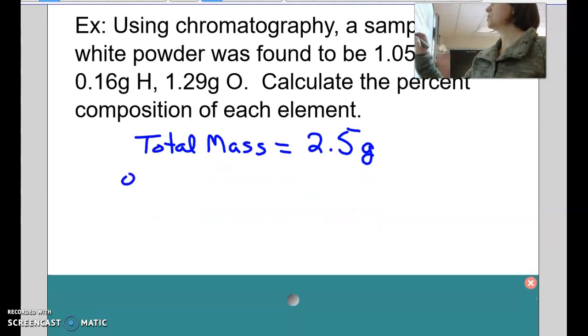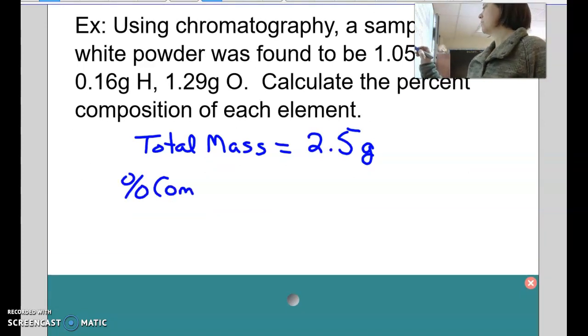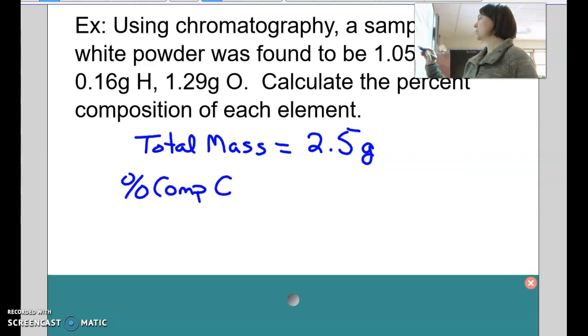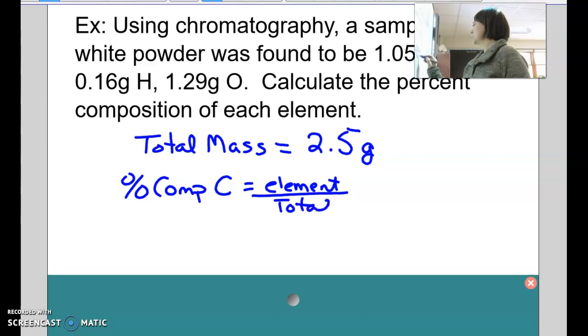So I write my equation, percent comp, and we're going to be doing carbon first. Percent comp of carbon equals element over total times 100.